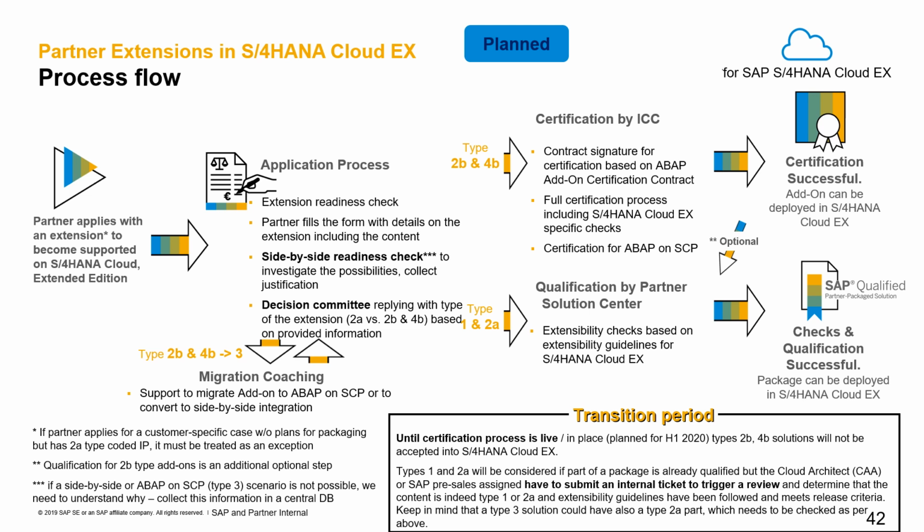Please take a few moments to review the details on this slide. I know it's busy, but it explains really what we're trying to accomplish in terms of making sure that all external add-ons, extensions are good to go for a project.